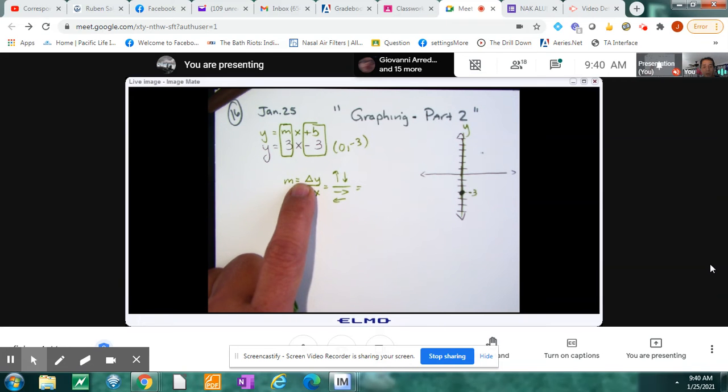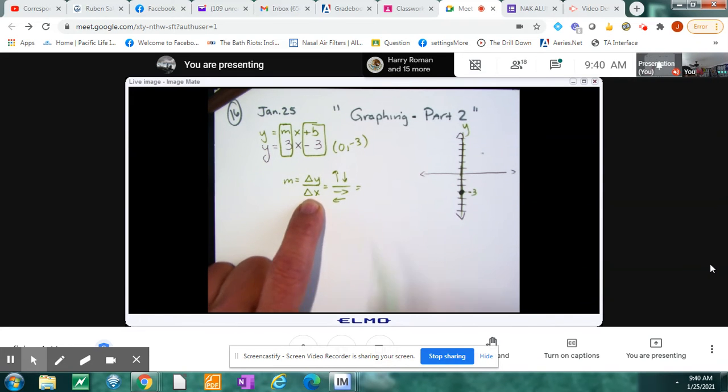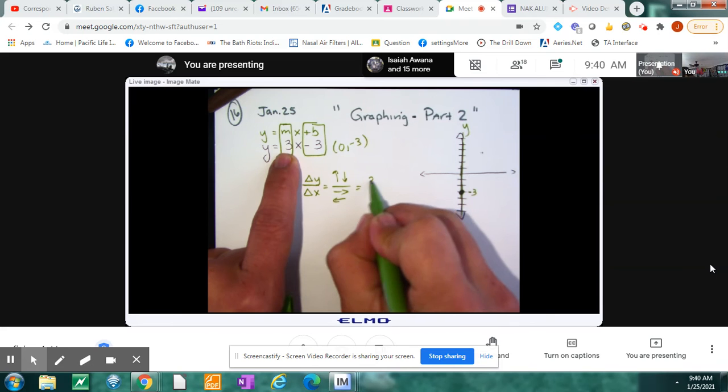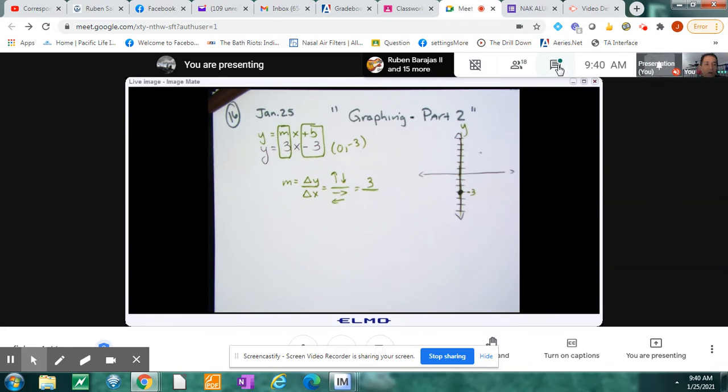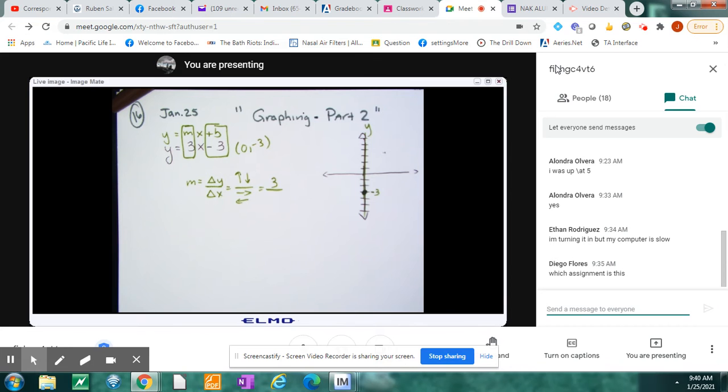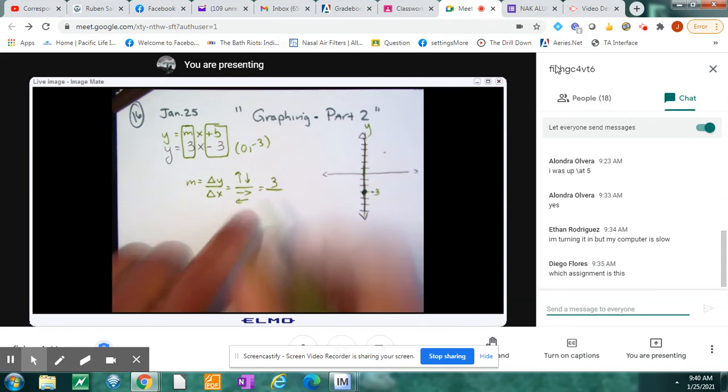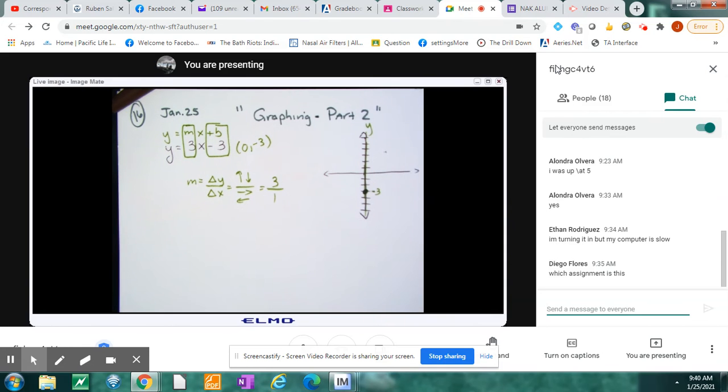You're doing the y's, and how much is it changing in x? How much is it moving? All right, so here we go. So it's 3 over what? You guys remember? 3 over 1. Over 1. There you go. So there you go. It's positive, right?